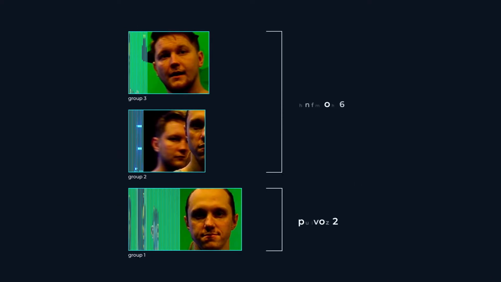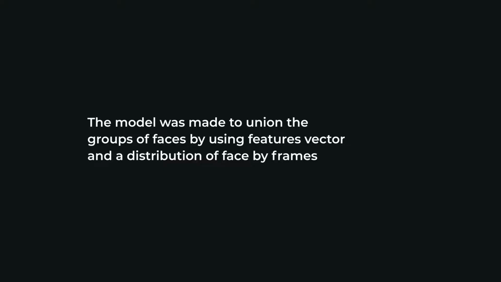We can compare pairs of vectors and understand which faces are more similar. The model used the following artifacts: a vector of face features, a distribution of faces by groups, and facts about all the faces located within a single frame. In the result, this method united the closest groups very well.